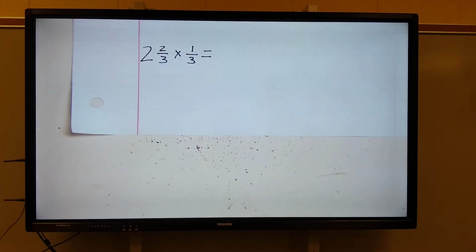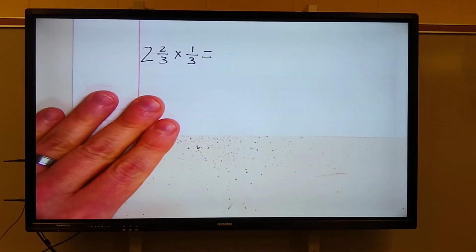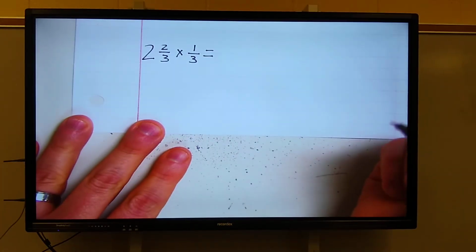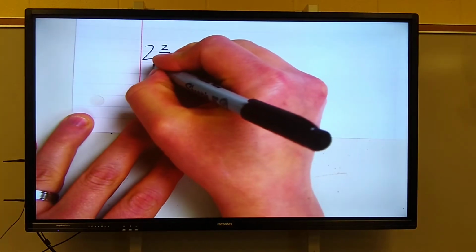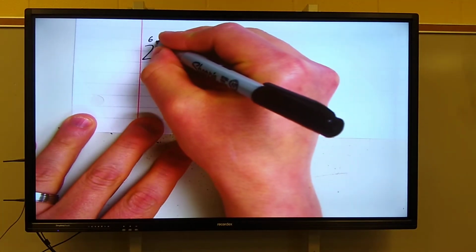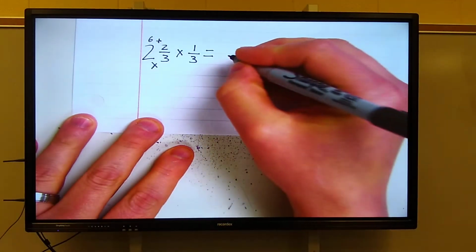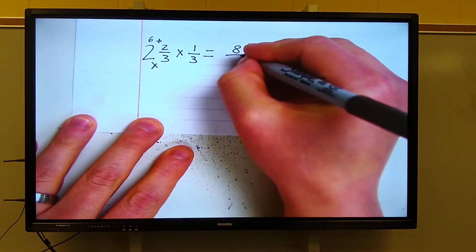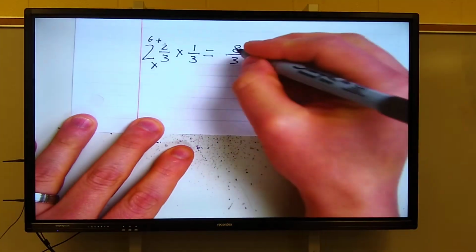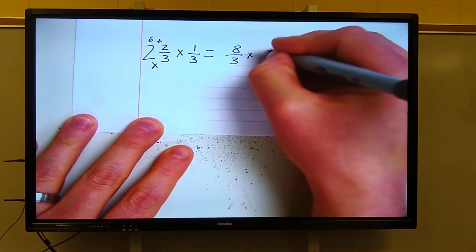All right, let's see how good you did. First thing you got to do is change this mixed number into an improper fraction. 3 times 2 is 6. 6 plus 2 is 8. Denominator stays the same. So 2 2/3 becomes 8/3.